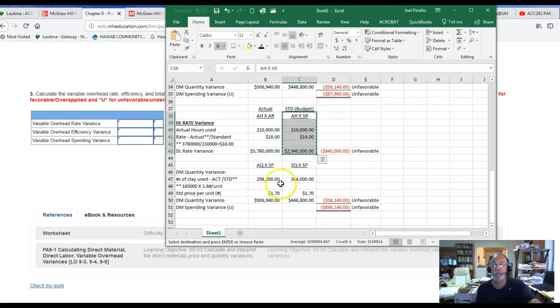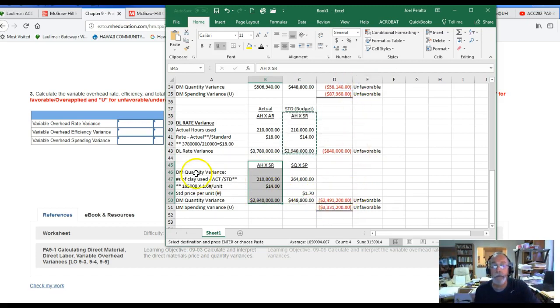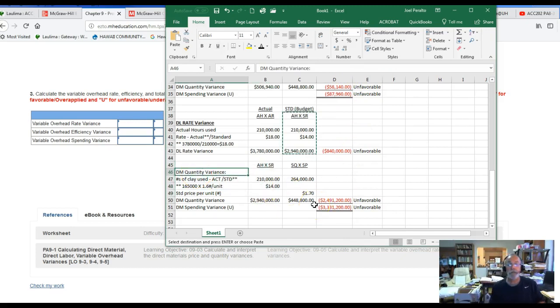Control C, Control V. Okay. And this is direct labor efficiency variance.